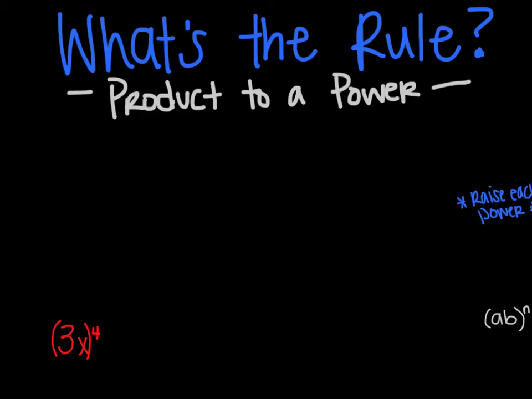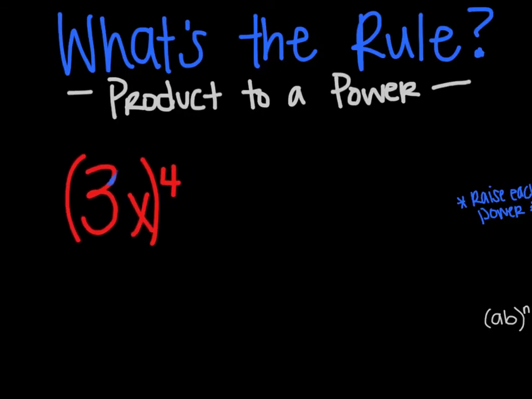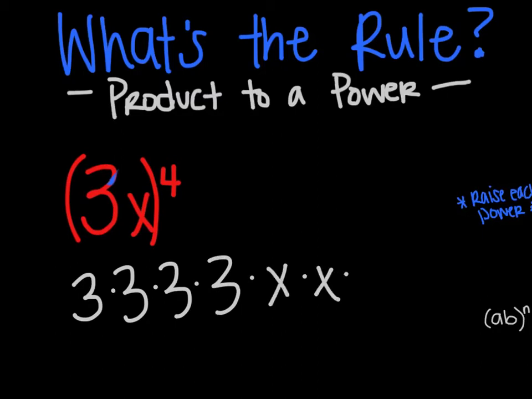The next rule we have to talk about is raising a product to a power. And the first thing I'm going to do is show you why that works. So I'm going to start with the example. And we have 3x to the 4th power. And what this is saying is I have 3 multiplied 4 times, and I have x multiplied 4 times.